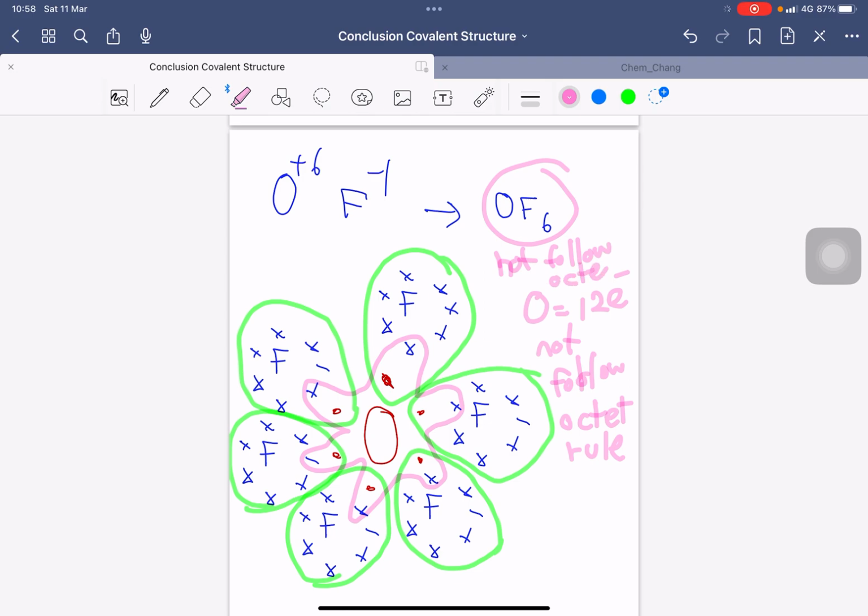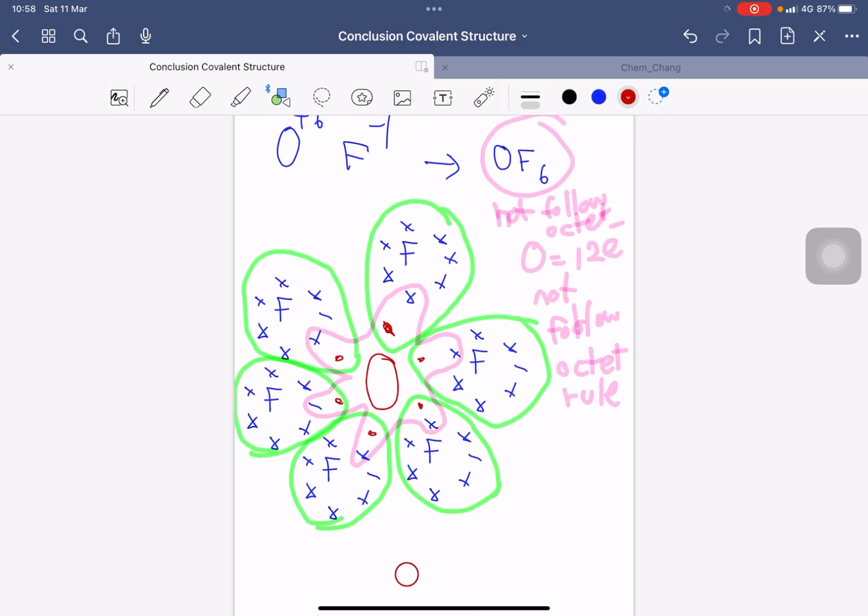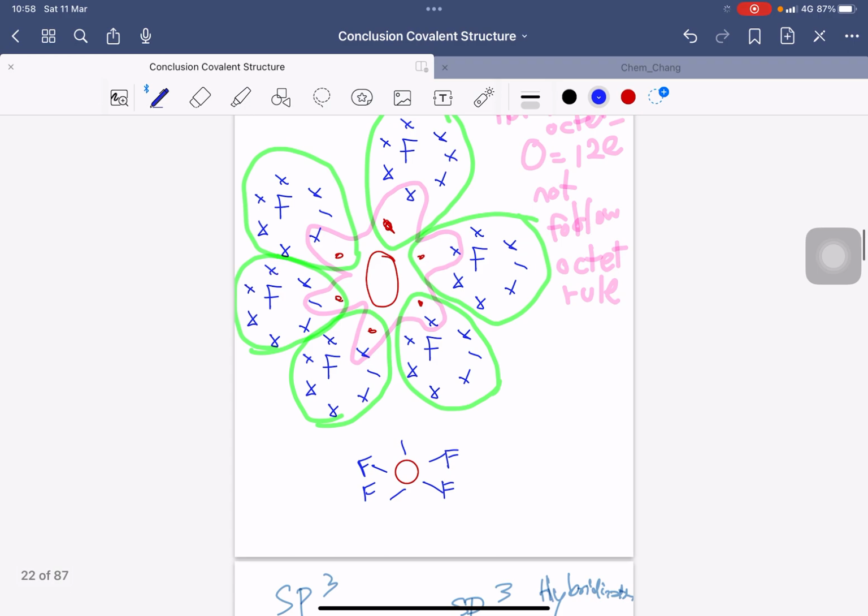It's not just about writing down the structure from the dot structure to the line structure, but you still have to understand how it changes. 1, 2, 3, 4, 5, and 6.